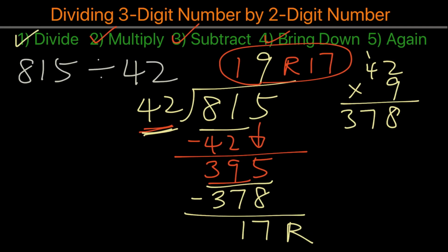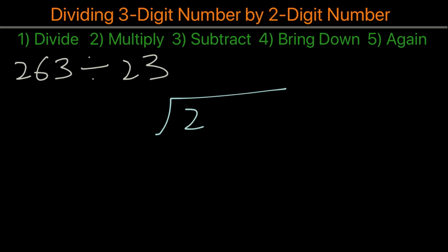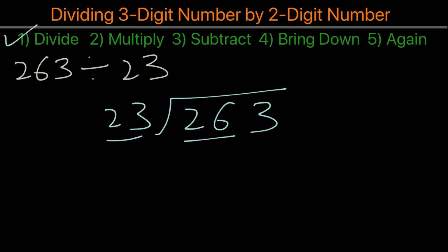That's the answer. Now let's try this one: 263 divided by 23. Writing out the division, 263 divided by 23. Second step, multiply. 26, 23 will be 1. 26 minus 23 is 3.